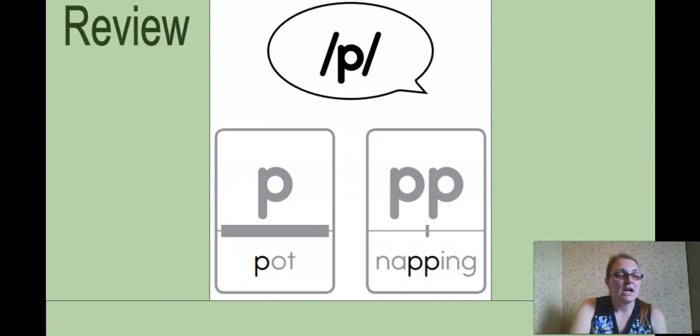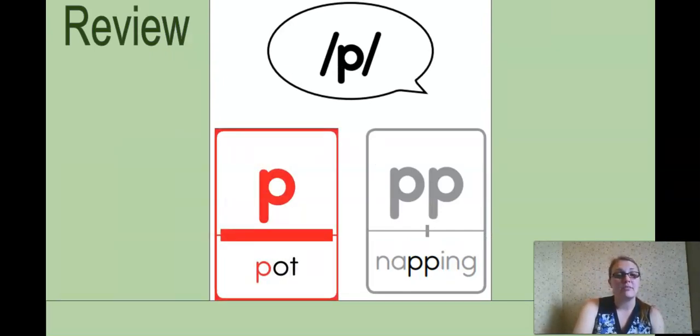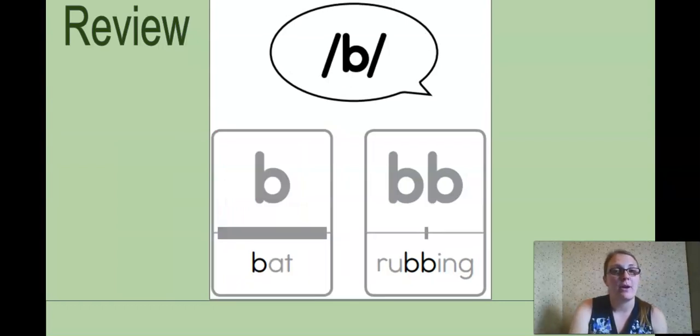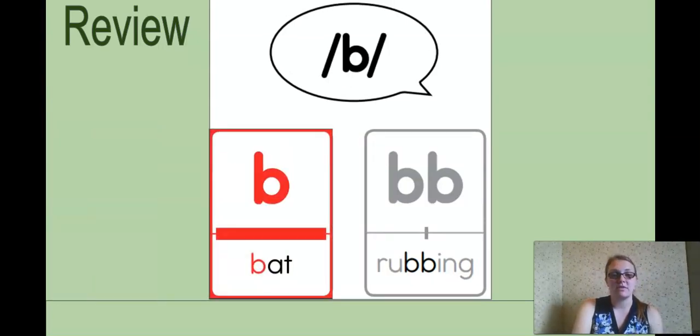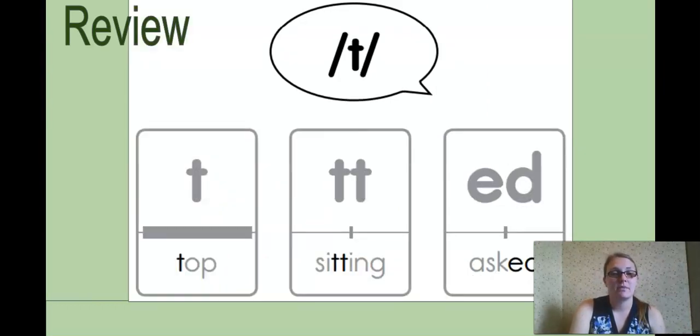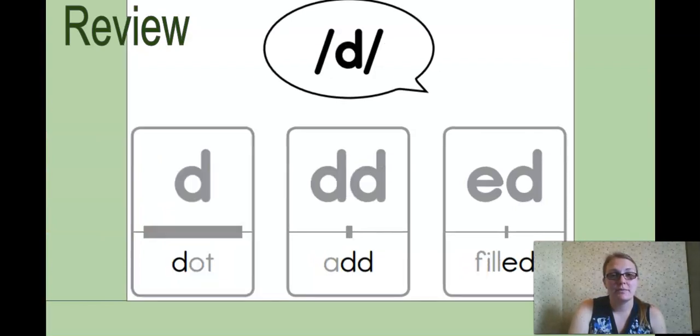When we hear the consonant sound P, we know that most of the time it's a single letter P. When we hear B, we know that most of the time it's a single letter B, like in bat. When we hear the sound T, we know that most of the time it will be a single letter T, like in top.